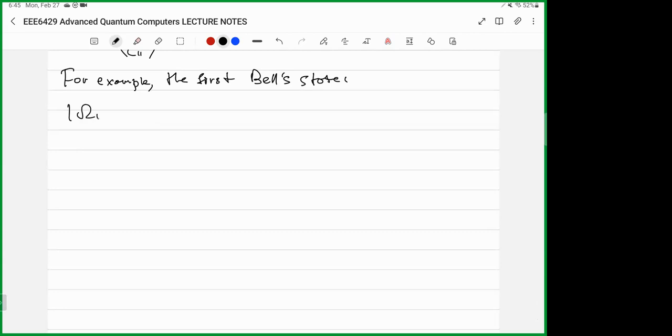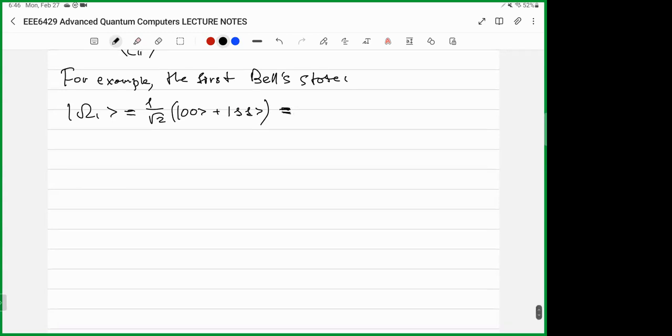The first Bell state is this entangled state 00 plus 11. If I rewrite these states in the form of column vectors, it is 1 over square root of 2, and then the first one is 1, 0, 0, 0, and the second one is 0, 0, 0, 1.